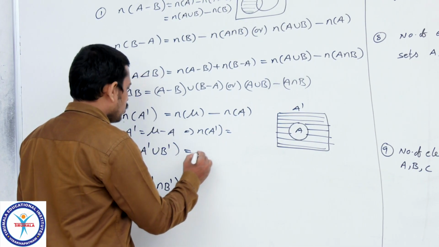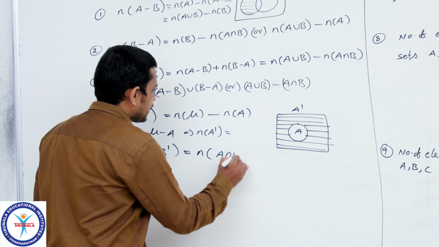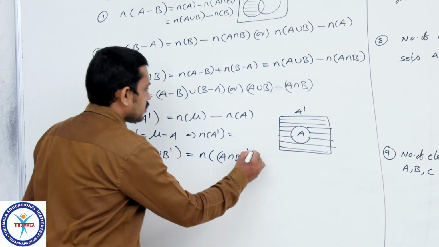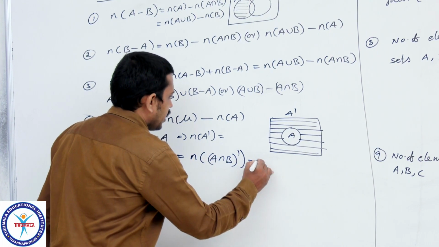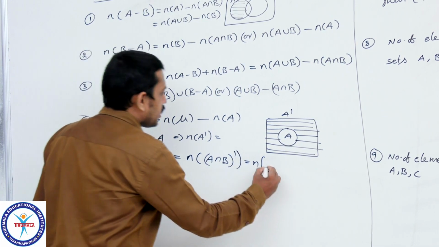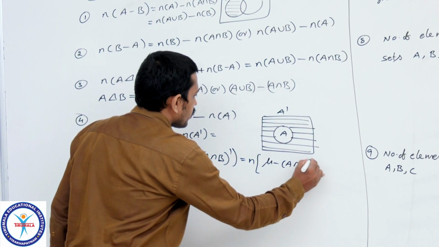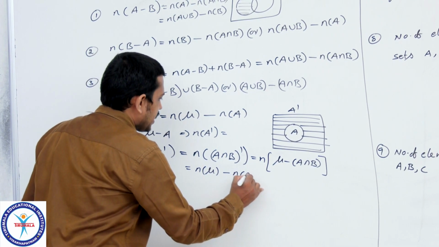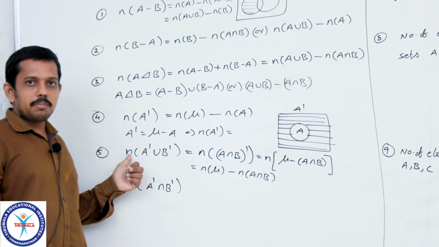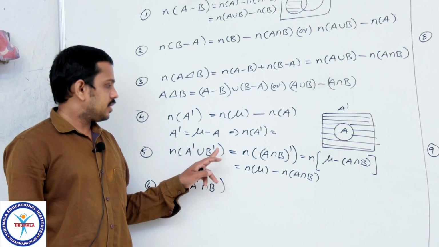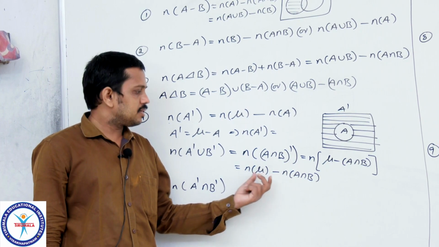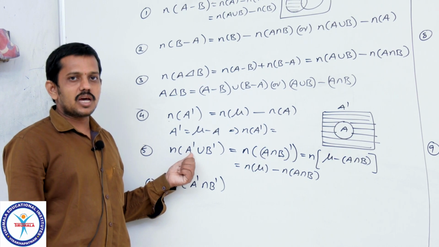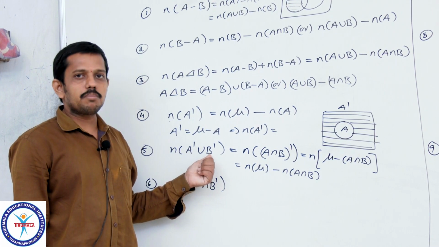So, this is equal to the number of elements in A intersection B whole complement, which is mu minus A intersection B. Therefore, this is equal to n of mu minus n of A intersection B. So, the number of elements in A complement union B complement is equal to the total number of elements of the universal set minus the number of elements common to both set A and set B. This gives the number of elements belonging to either A complement or B complement.